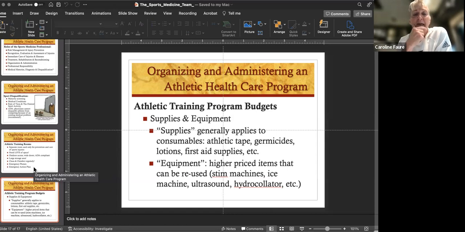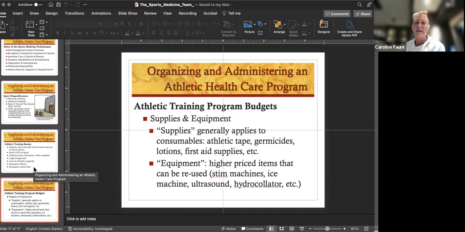So anyway, at my school, we had a program budget of anywhere from $5,000 to $7,000, and that had to get us through a year. We probably used between $4,000 and $5,000 every year just on athletic tape alone. That didn't even include all of the first aid supplies.